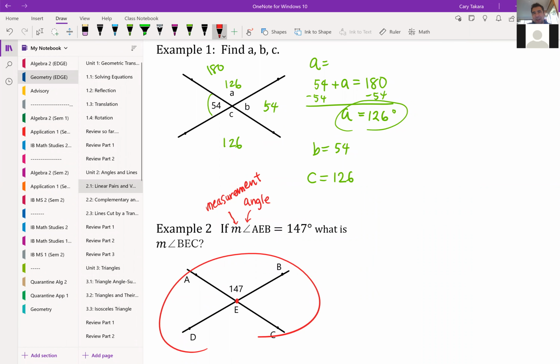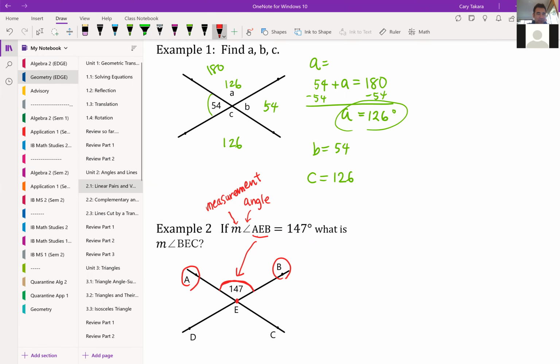Now, sometimes you have to use three letters to describe a certain angle. And that's what those three letters are. If I said angle AEB, we are talking about this angle right there. Does that make sense?